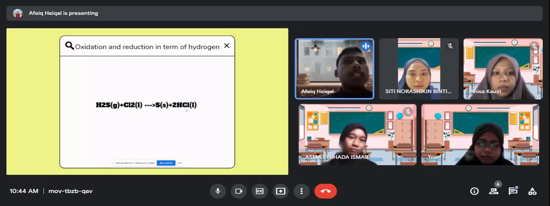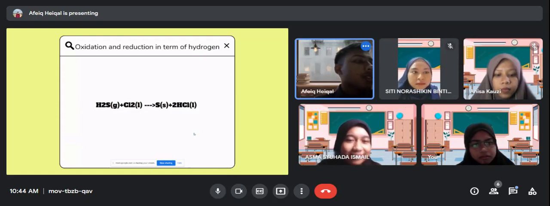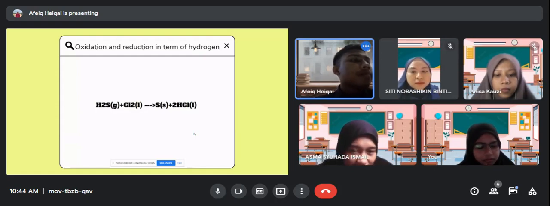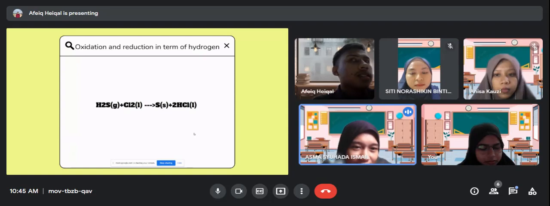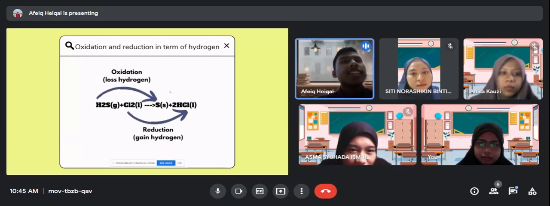Now oxidation and reduction in terms of hydrogen. I want one of you to volunteer to determine which one is oxidation and which one is reduction. Me, sir. I think hydrogen sulfide undergoes oxidation, while chlorine undergoes reduction. That's right, thank you.